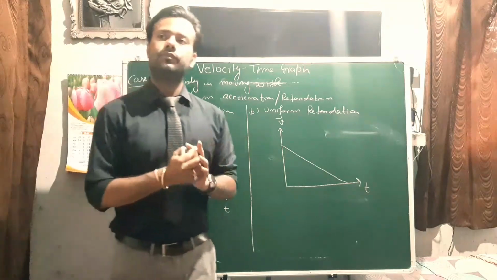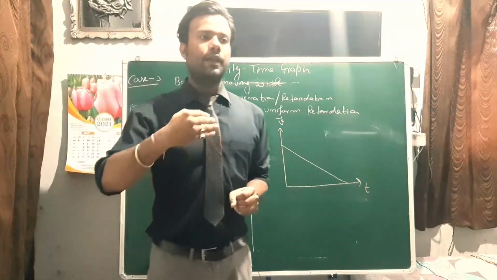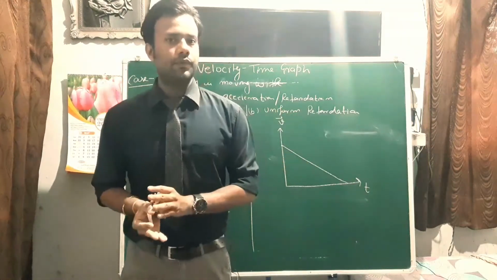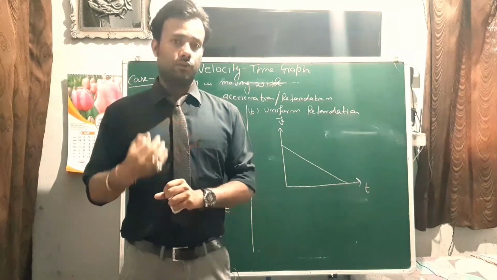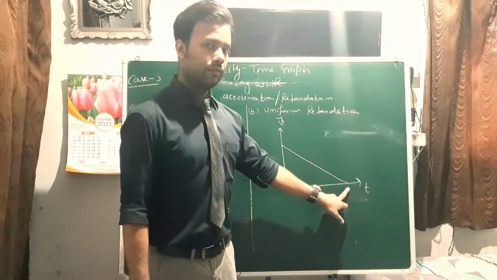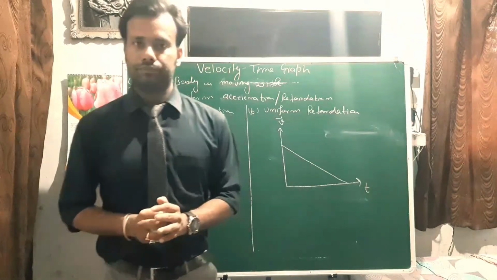That means the body is moving, and after some time the velocity of the body starts decreasing. So obviously after some time the velocity will become 0. Okay, so you can see here at this point, at some interval of time, the velocity of the body becomes 0.